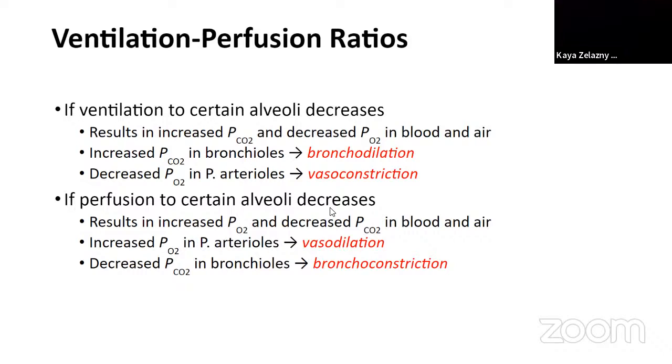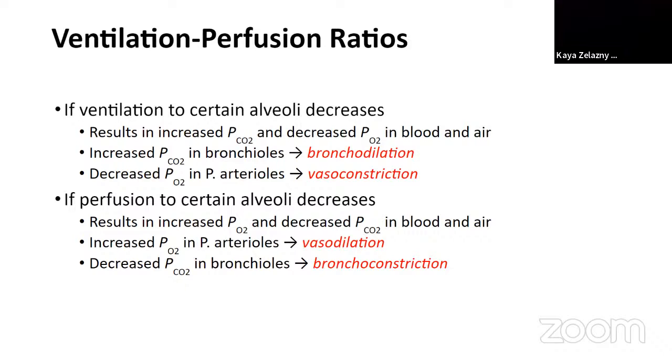Now, if we change the perfusion, we also have similar things happening, just for the opposite reason. We have perfusion decreasing, meaning the blood flow is decreasing. So our blood is moving slowly.